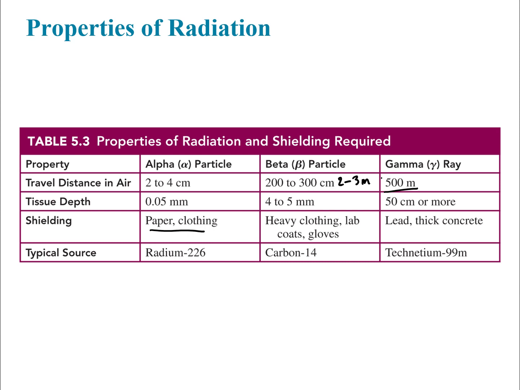You'll need to know the difference, not necessarily the exact numbers, but the fact that alpha particles don't travel as far, gamma rays travel the farthest, and the types of shielding you need for each particle type. Does that make sense?